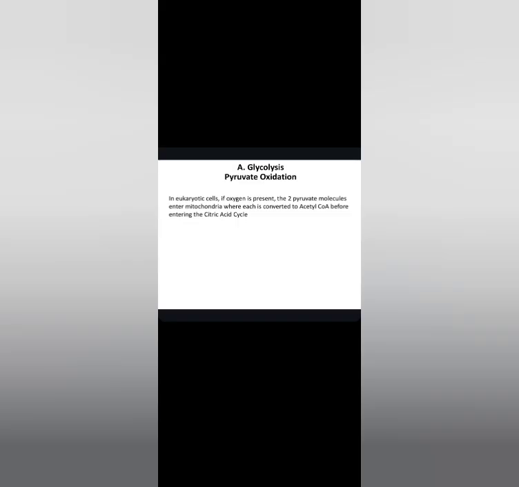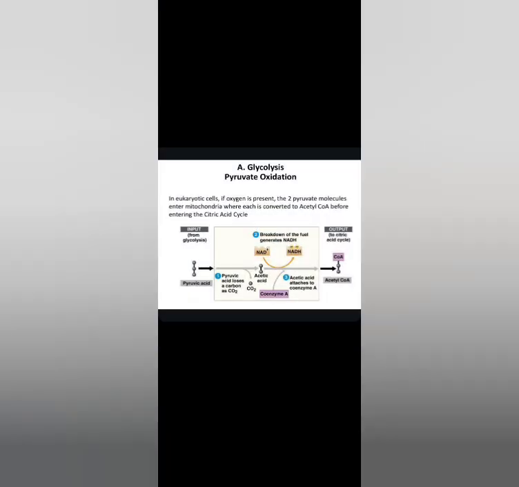So we have an intermediary step called pyruvate oxidation. We start with pyruvate, the 3-carbon molecule. Pyruvate oxidation in the matrix of the mitochondria can only take place if there is oxygen, so this reaction is characterized as aerobic, meaning it requires oxygen.